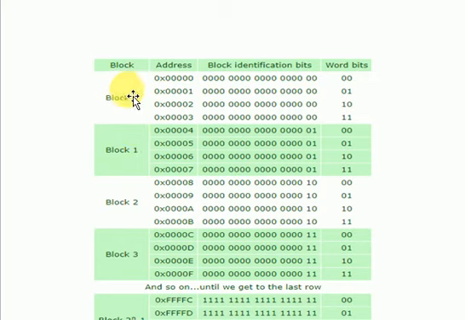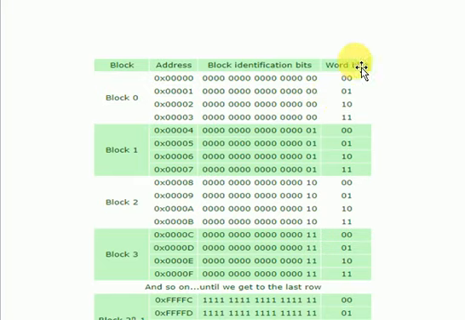As we saw, block 0 consists of the address locations ranging from 0x00000 to 0x0003. Similarly, I have some bits to represent the blocks. They are called the block identification bits.